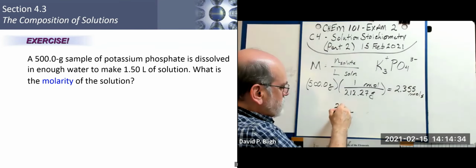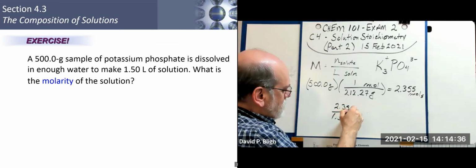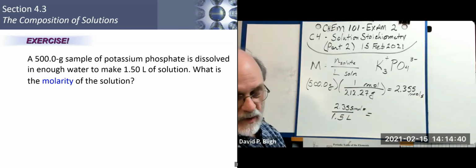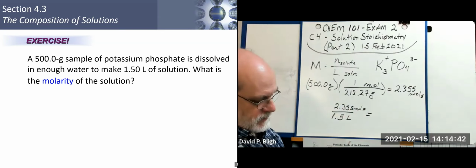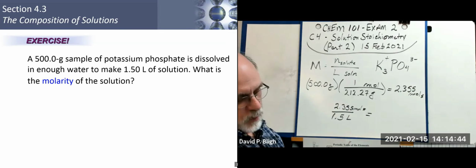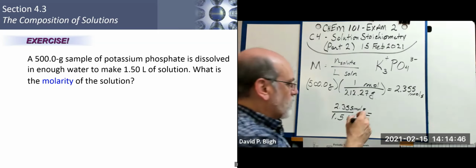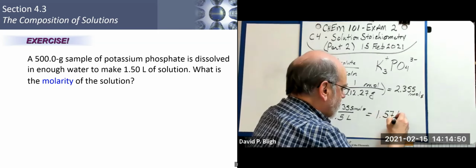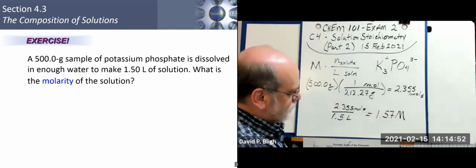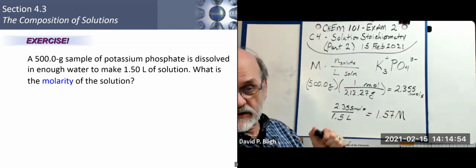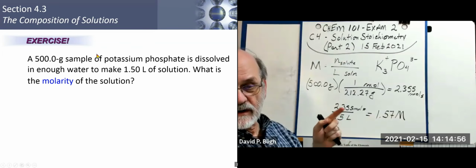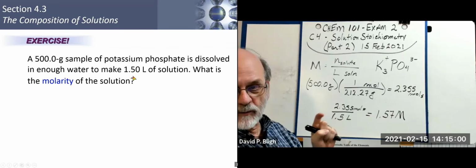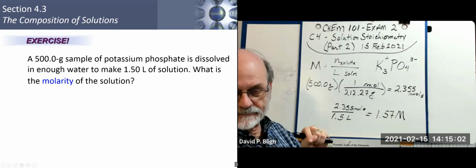And the moles of this. So I divide 1.5 into that, and I get 1.57 molar. That's the concentration of 500 grams dissolved in a final volume of 1.5 liters.